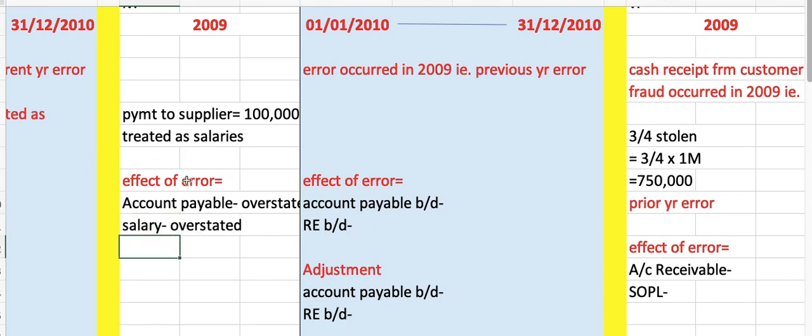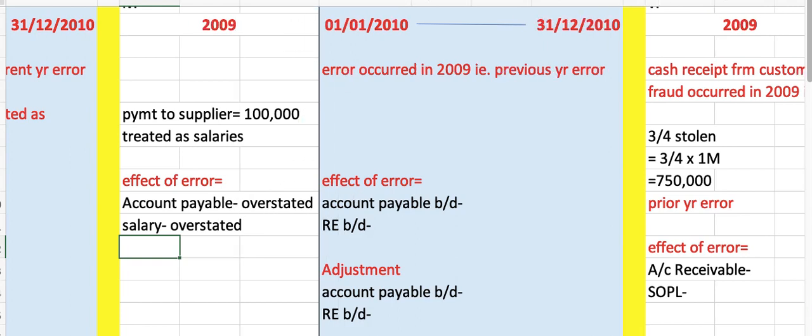This is what happened in the previous year, not in the current year. So the account payable, which is an SOFP item, that you carry forward to the next accounting period is not correct.